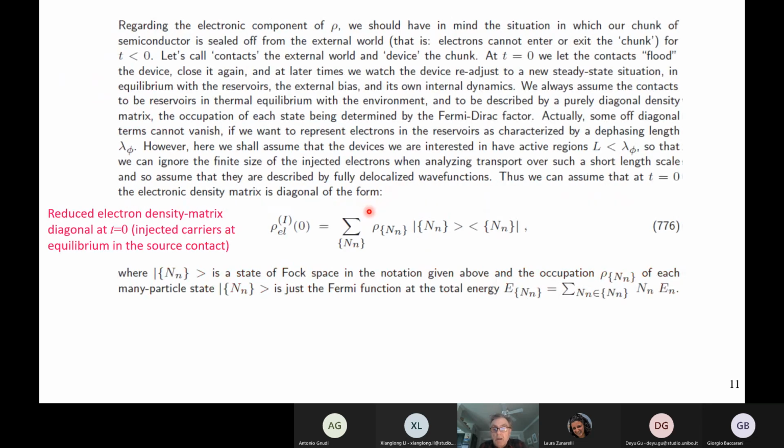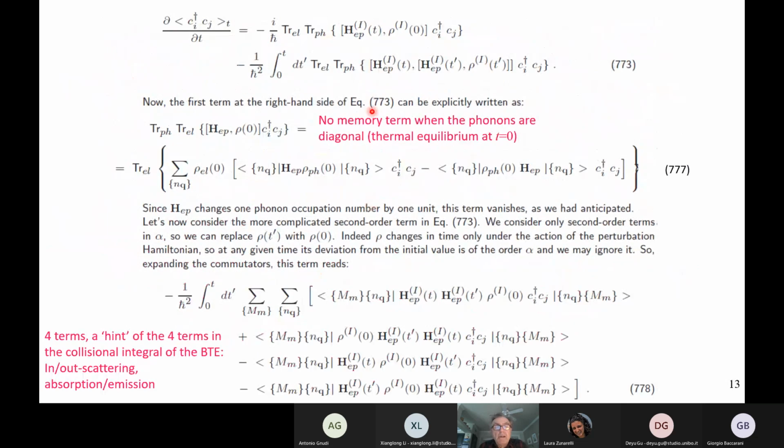Okay, so what we do, let's continue. This is the equation that we had. One can see immediately that the first term, the memory term, having assumed that the phonons are diagonal at any time, and particularly at the beginning, you see that here we have an electron phonon Hamiltonian, which is one phonon term.